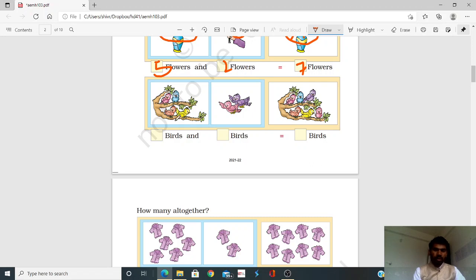Here four birds on the branch of the tree. One, two, three, four, and here two birds. Here our answer will be 4, and here we have to write 2. 4 and 2 is equal to 6. Our answer will be 6.